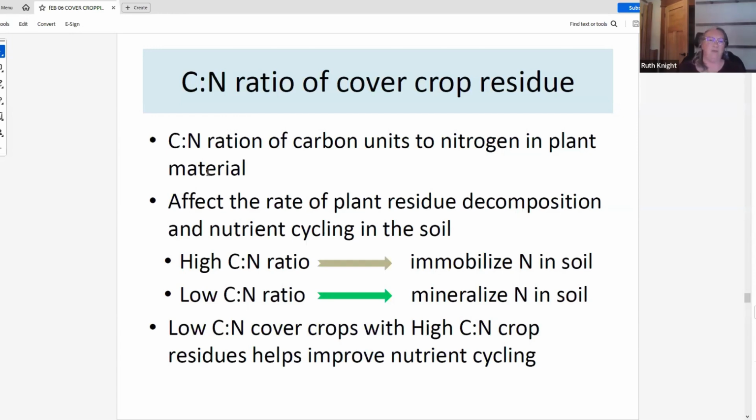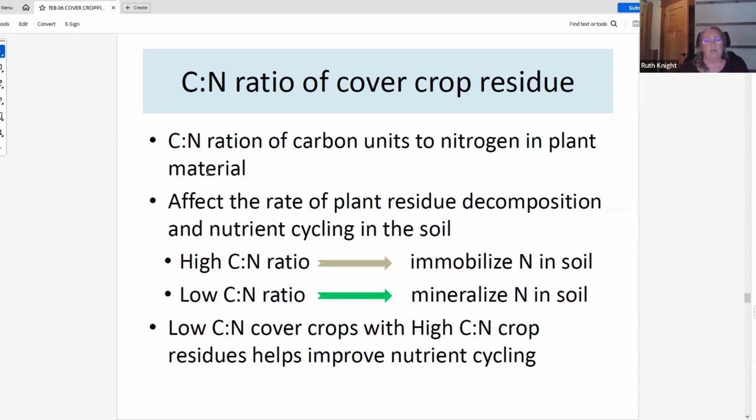Low carbon to nitrogen ratio means that there is green material, like your fresh alfalfa plow downs, or your fresh buckwheat. This helps to mineralize nitrogen because the microbes can quickly break down that carbon and then release the nutrients to the plant material in your soil.